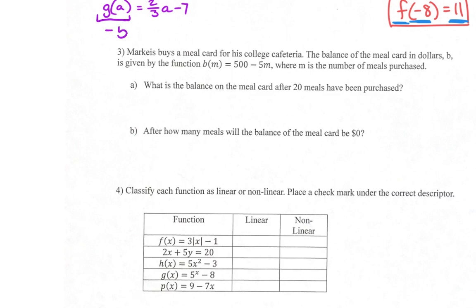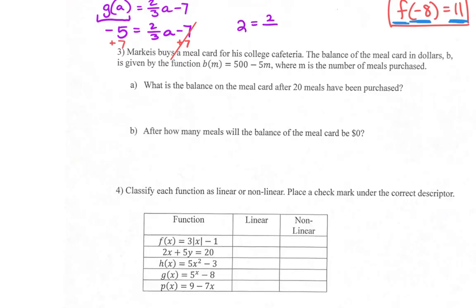So I'll write negative 5 equals 2/3 times a minus 7. So I have a little two-step equation. You guys know the first step is to add 7 to both sides. And negative 5 plus 7 is a positive 2.